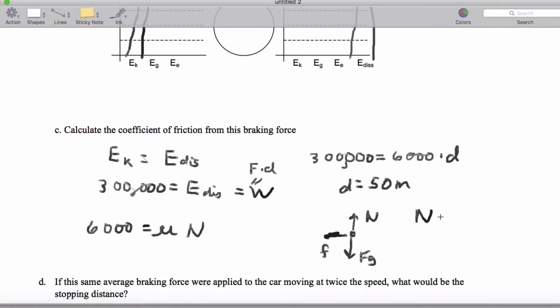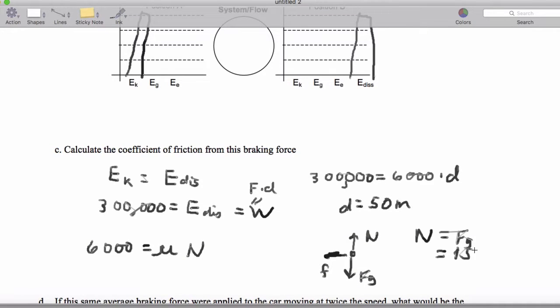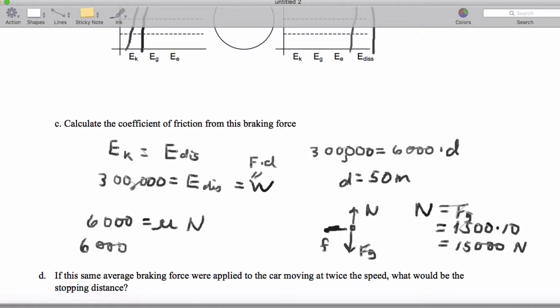So we know normal is Fg, and that means it's equal to the mass of the car, which is 1,500, times 10, which gives me a 15,000 newton normal force. So now I can say 6,000. By the way, the formula I'm using here is friction is mu times N. 6,000 is mu times 15,000. And so our mu is equal to 0.4.